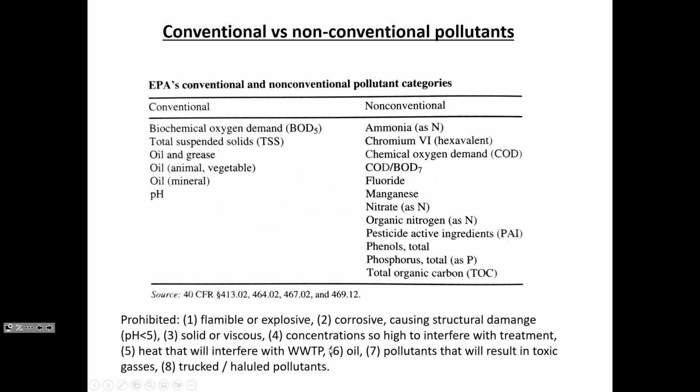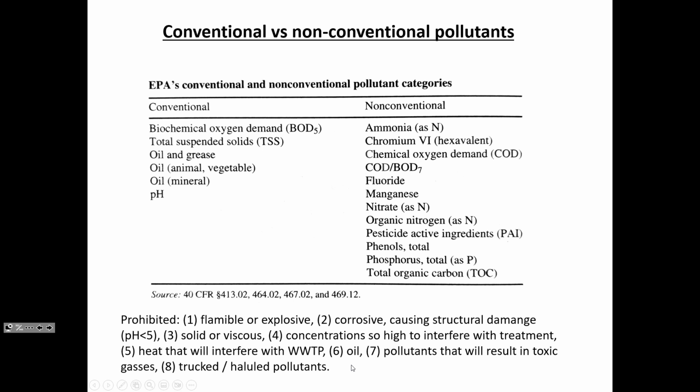Heat is another thing that can be a problem, because if you have big changes in the temperature at the treatment plant, then that can affect the microbial activity. We've talked about the need to keep oil out of the treatment facility, and then anything that would generate a toxic gas directly, and then trucked and hauled pollutants, like when people are pumping out septic tanks.